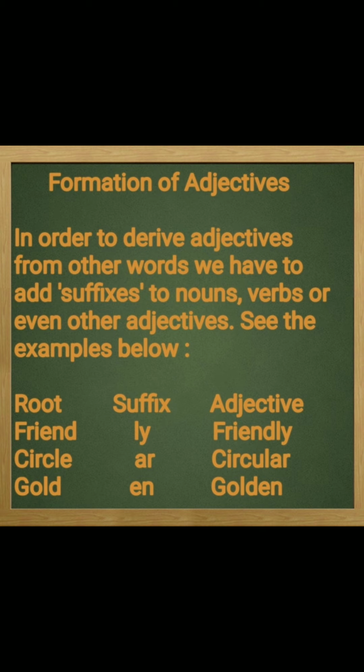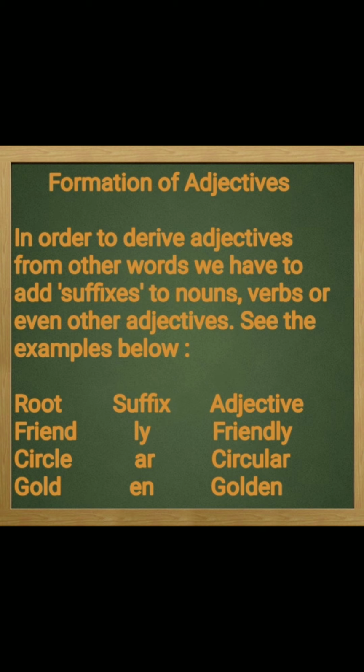See the examples below. In these examples, we have added a suffix at the end of the word. Next word is circle. We add AR and it becomes the adjective circular. Then the word gold. We add EN and it becomes the adjective golden.